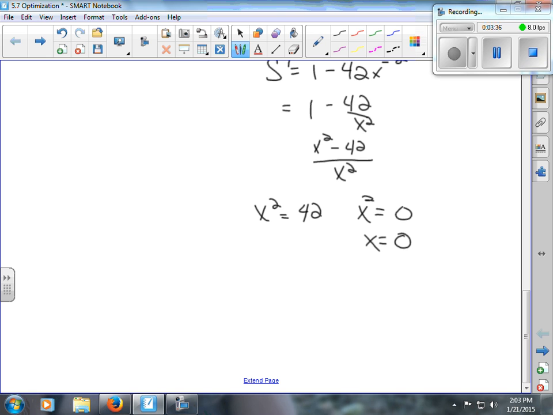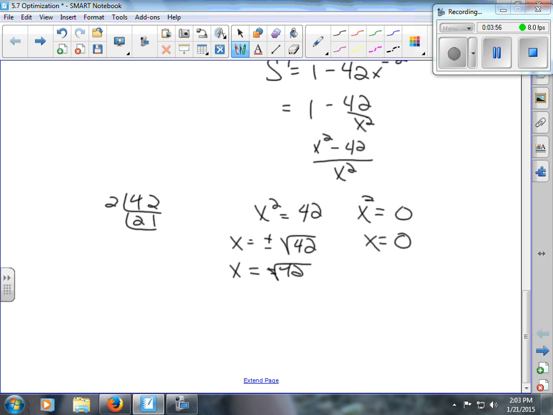So x equals plus or minus square root of 42.